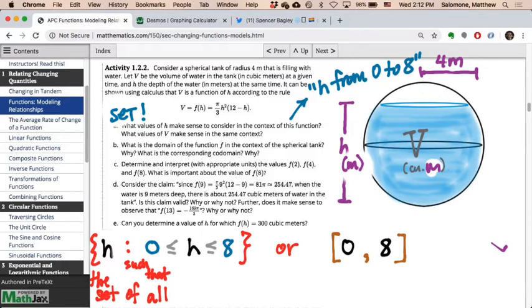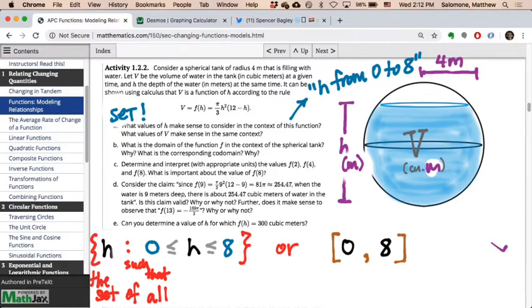Okay, so then my follow-up question is, what's being asked in part B? What is the domain of the function f in the context of the spherical tank? What does domain mean? X values, but which X values? The inputs. X values are what we mean by inputs. But what is domain asking?